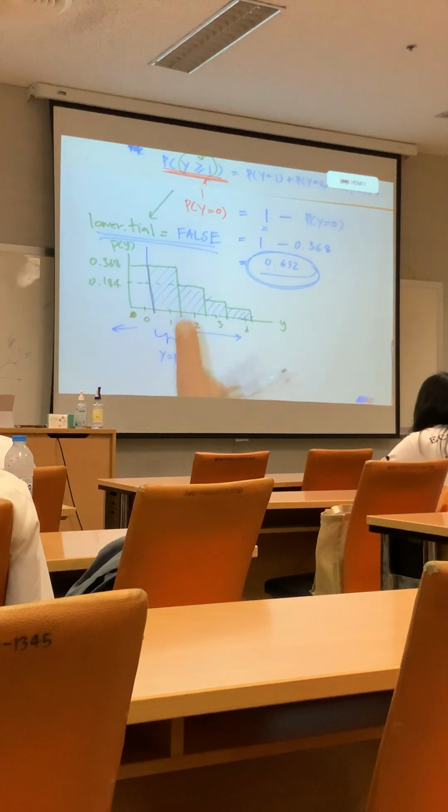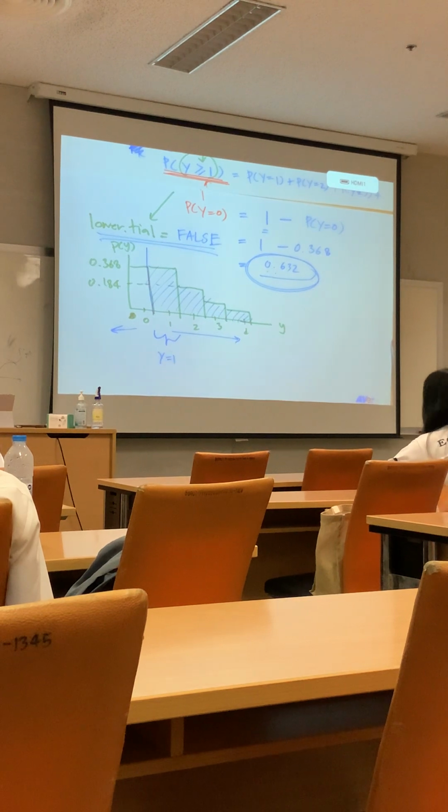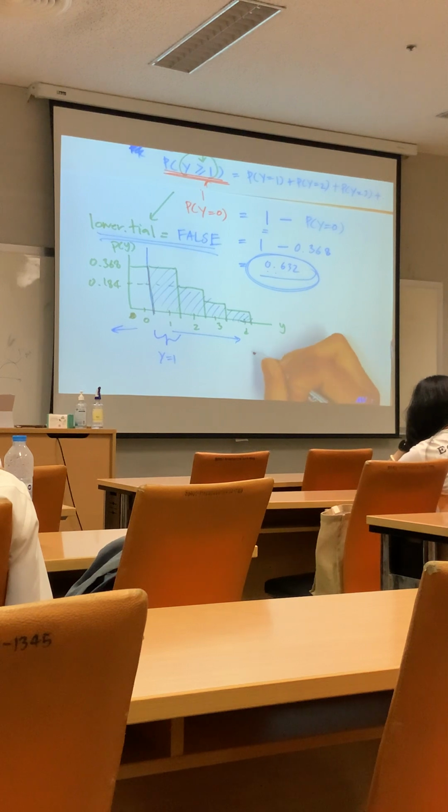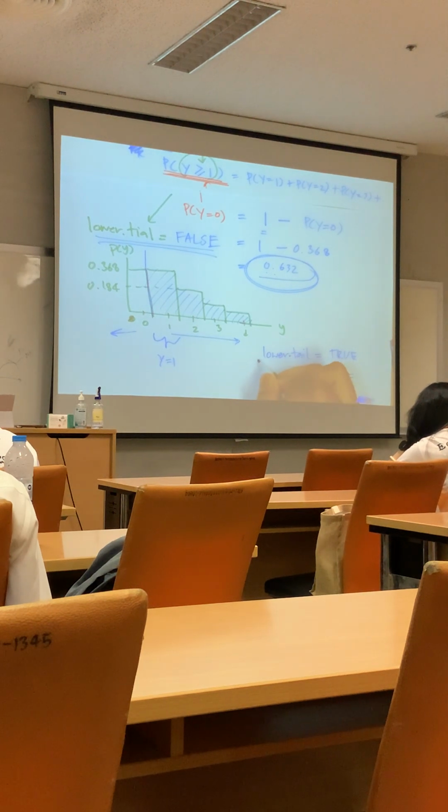According to the graph, this is what we want: the probability of y equal to 1, 2, 3, 4, 5, and so on. However, in R, lower tail can be true or false.